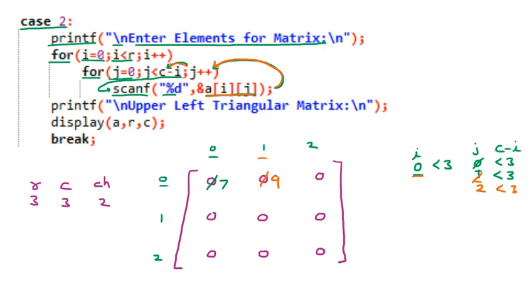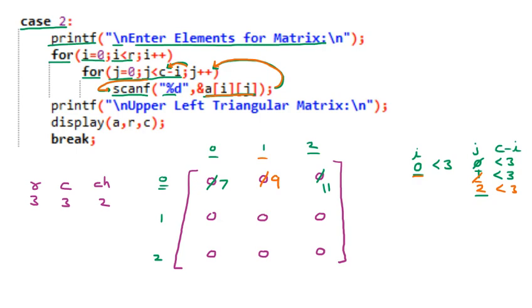Going back, checking the condition, true, then scanning a[0][2]. Again we have taken some number, let us suppose 11. So this is what we have taken right now.